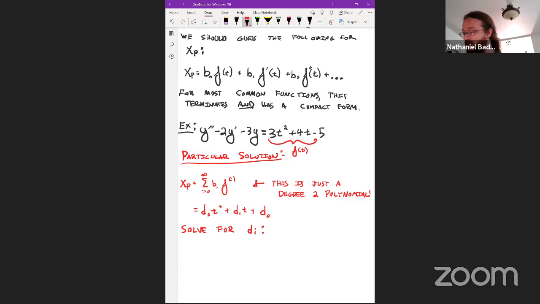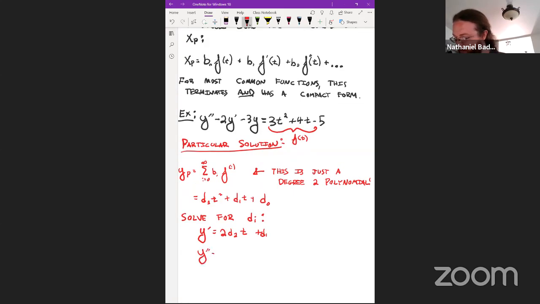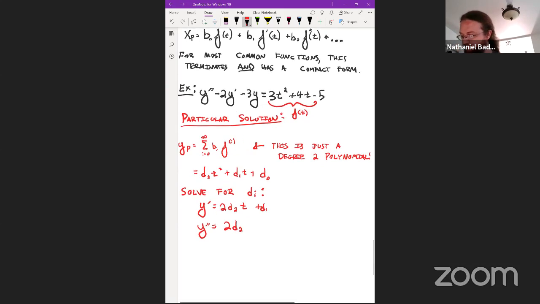Oh, sorry, this should also certainly be y, since I've switched to y for this problem. So what do we have? We've got y equals d2 t squared plus d1 t plus d0. So that means that y prime is going to be 2 d2 t plus d1. Y double prime is going to be 2 d2. Great.